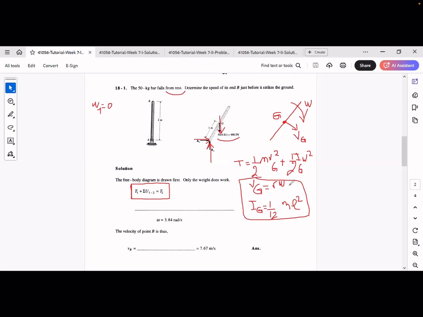Notice vG is r omega, and r is L over 2, so this is going to be L over 2 times omega. So in this case, my T1 is going to be 0, because omega 1 is 0. Now what about my T2?